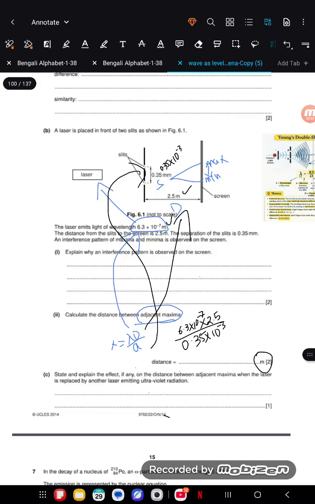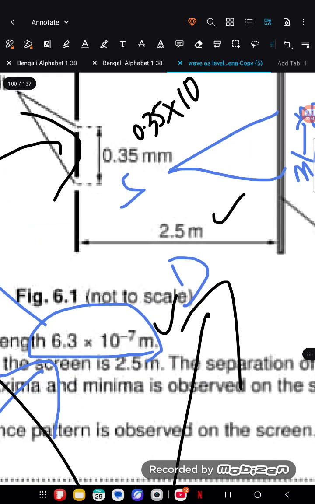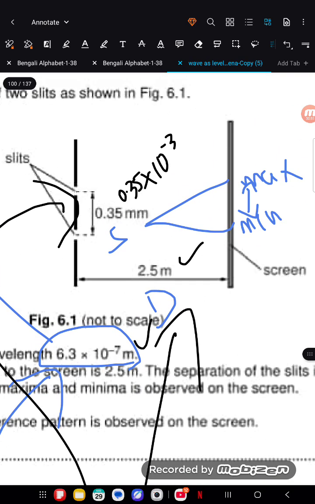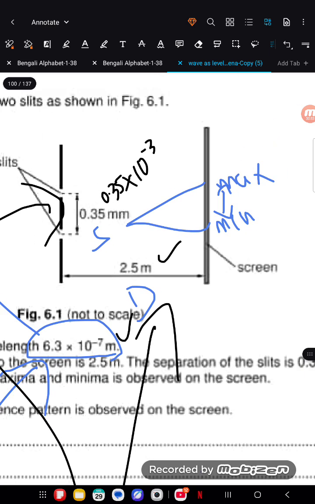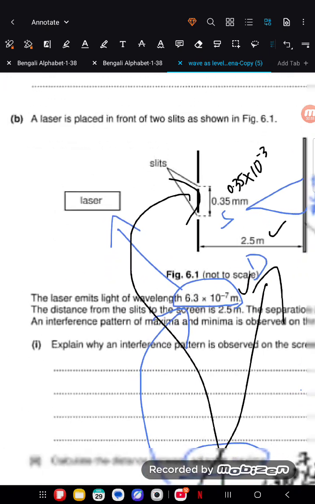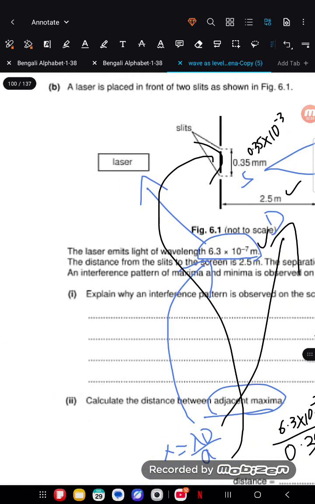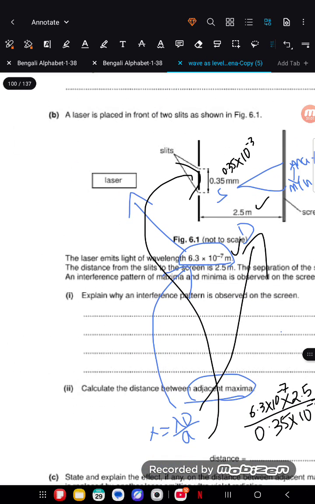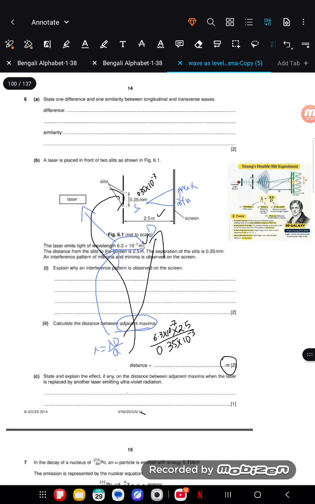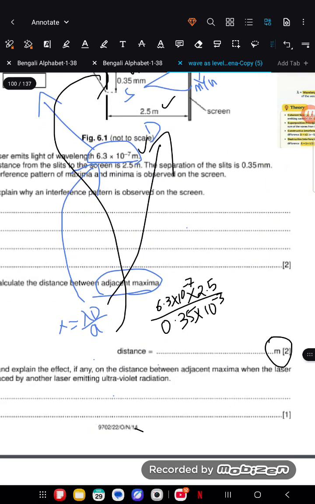The distance between the two slits is given. A is given 0.35, with 10 raised to minus 3 to change it to meter, and D is given 2.5 in meter, and wavelength is given here, 6.3 into 10 raised to minus 7 meter. You don't have to change even this, it is already in meter, just write it. They will give you 2 marks.